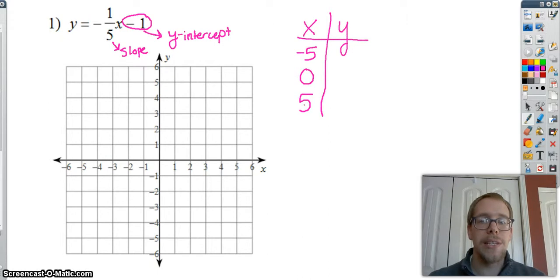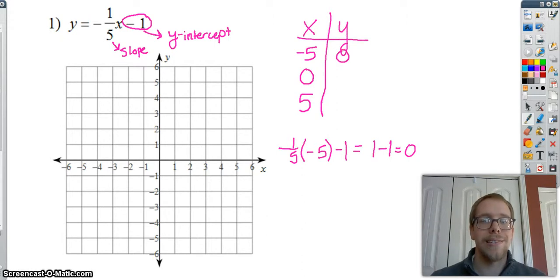Now I'm going to input these values into this function and see what my output is. So for instance, negative 1/5 times negative 5 minus 1. Well, negative 1/5 times negative 5, that's 1. Now minus 1, that's 0. When I input negative 5, my output is 0. Now I'm going to try that for 0.